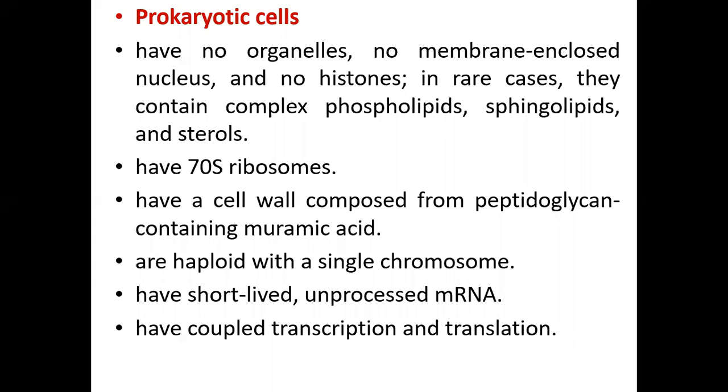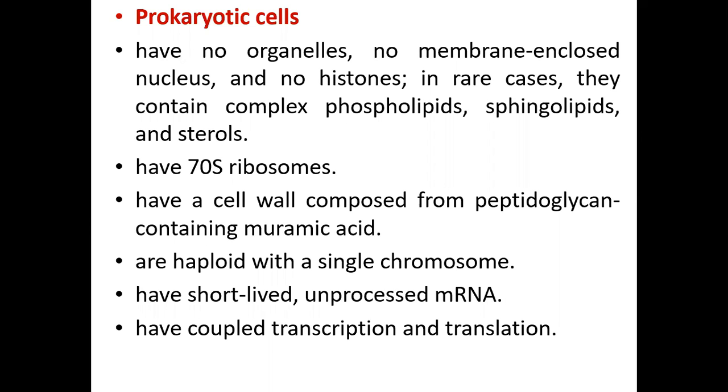They have 16S, 70S ribosomes, and a cell wall composed of peptidoglycan containing uronic acid. Peptidoglycan is present only in bacteria, but not in other organisms. Also, they are haploid, with a single circular chromosome, and have short-lived unprocessed mRNA.